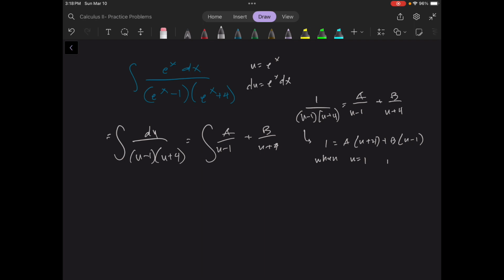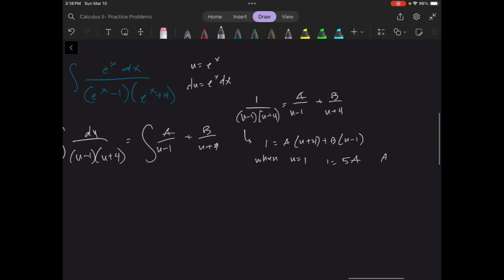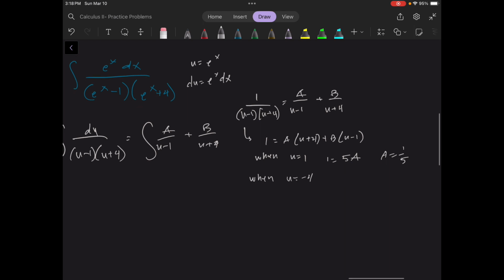And you have 1 equals 5a. That just means that a equals 1/5. And when u equals negative 4, right, this term drops out, and you're left with 1 equals b times negative 5. That means b is equal to negative 1/5.